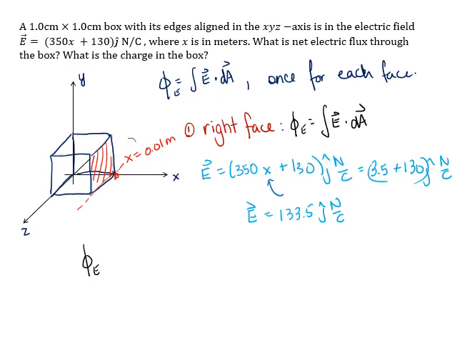Net electric flux for our right face is the integral of 133.5 J hat newtons per coulomb dotted with dA. Well, our electric field is a constant, so we can take that outside of the integral.